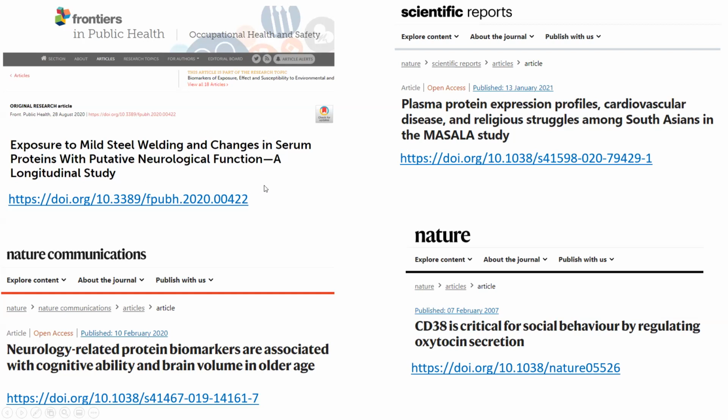In this paper, they explored the blood levels of a range of proteins in welders and compared them with non-welders. In welding, people are exposed to harmful fumes, and they did find that some proteins were found at different levels in the blood in welders.